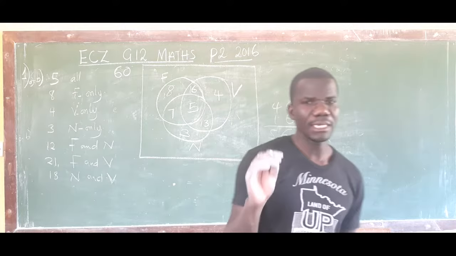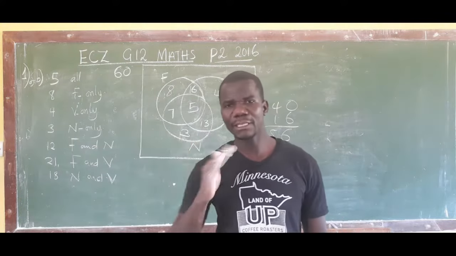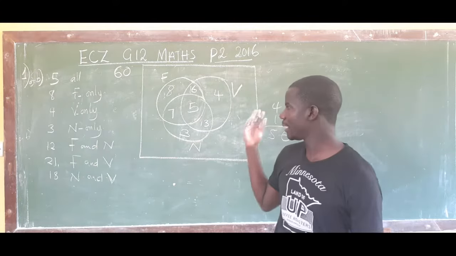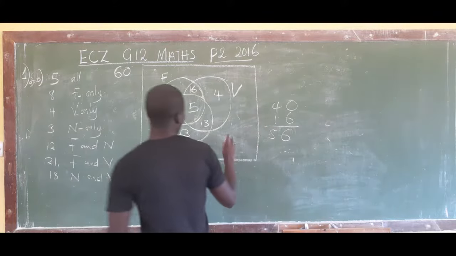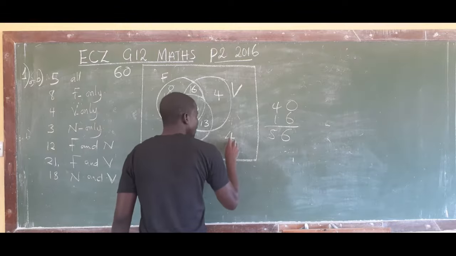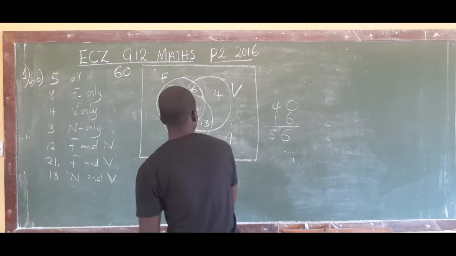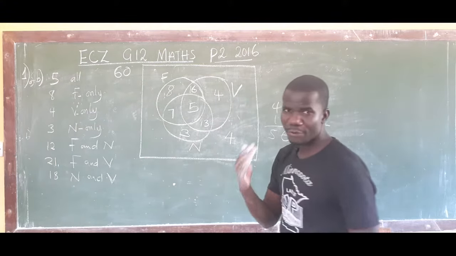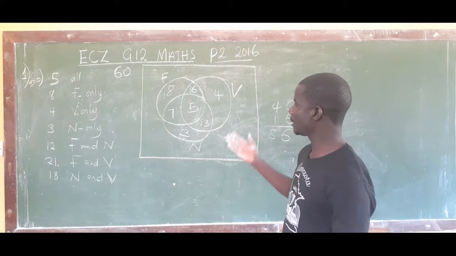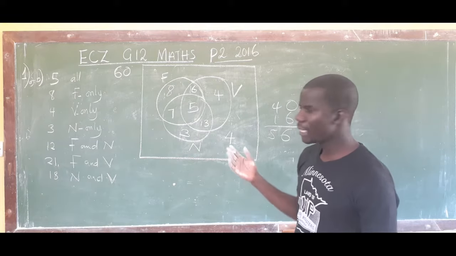So it appears 4 learners did not participate in any of the games, meaning we need to write our 4 here. Make sure you are following, and you know we are susceptible to making errors here.